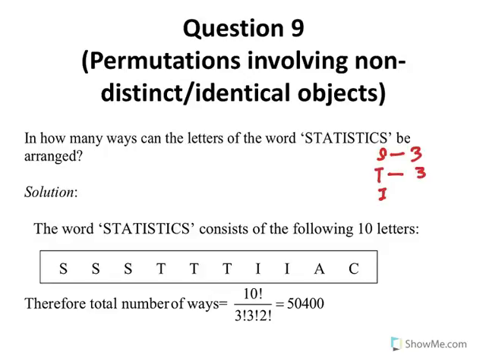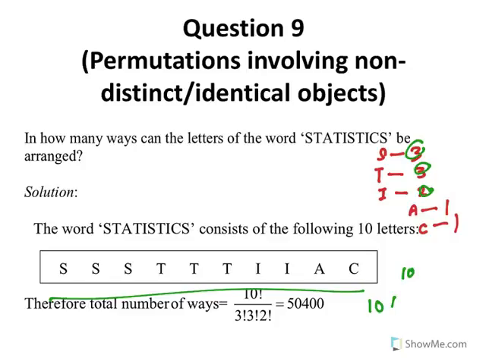I? 2. A? 1. C? 1. So you can see the repeated numbers are 3, 3, 2. Total 10 letters, so 10 factorial divided by 3 factorial, 3 factorial, 2 factorial.